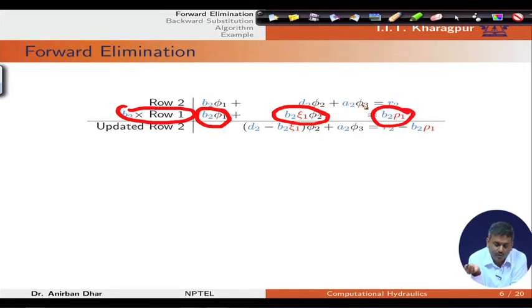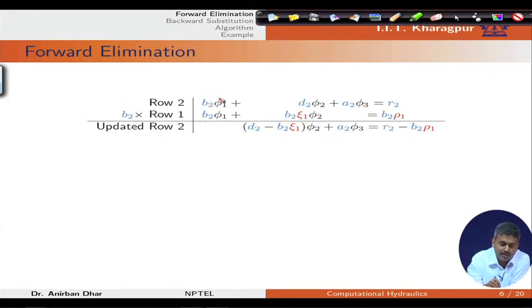Now, B2 into rho 1 is an important term. Now, if we subtract this, we can cancel this part. So, the only thing that will be left is D2, B2 into xi 1, A2, R2 and B2 rho 1.